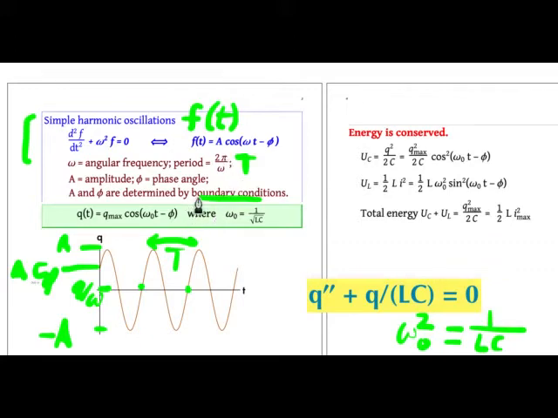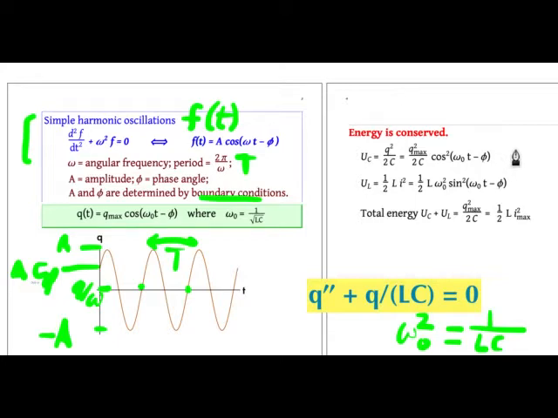Now, in this circuit, energy is conserved. We know the equations for energy. The energy stored in a capacitor is Q squared over 2C. Remember that from several chapters ago. So if I put in Q max cosine of omega 0 t minus phi, it's Q max squared over 2C times cosine squared of omega 0 t minus phi. So there's the energy stored in the capacitor.